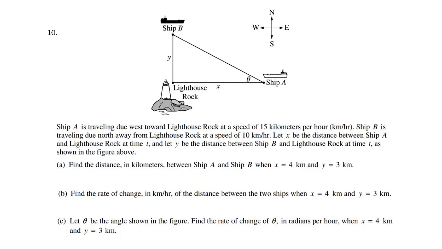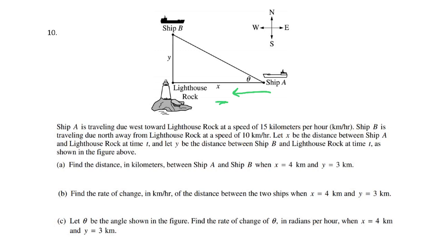Okay, another classic related rates problem. Here we have a ship, and ship A is traveling due west toward the lighthouse. So we're probably going to see a negative rate of change there, because that distance is shrinking.